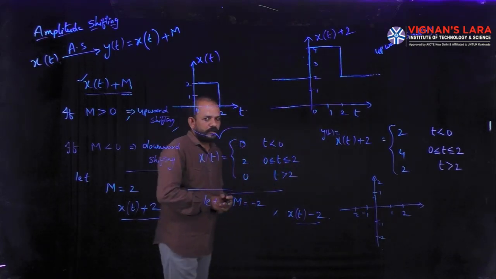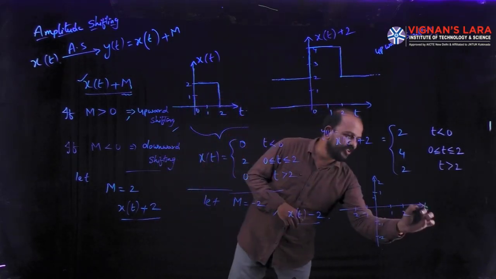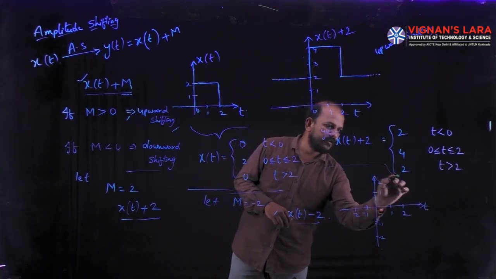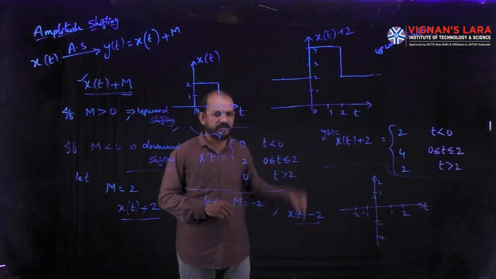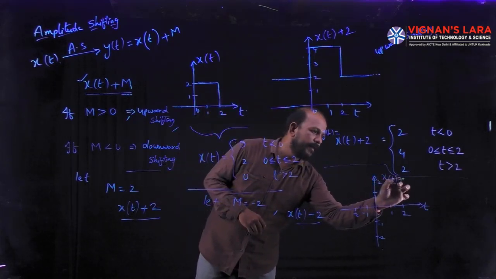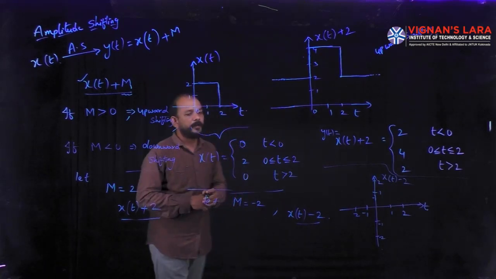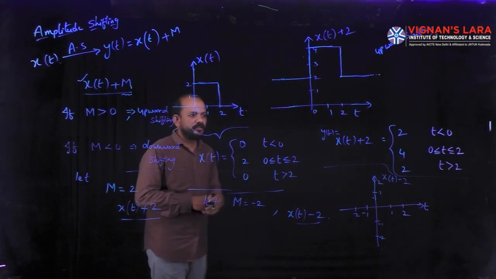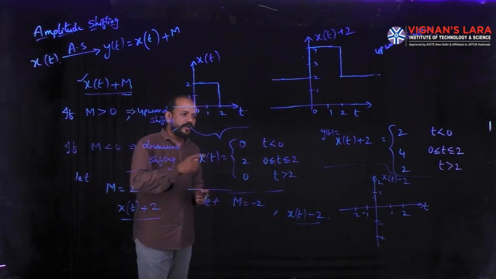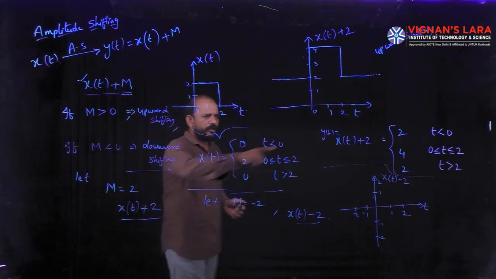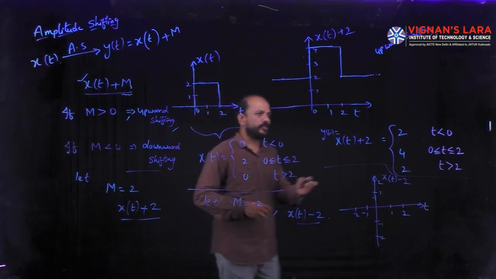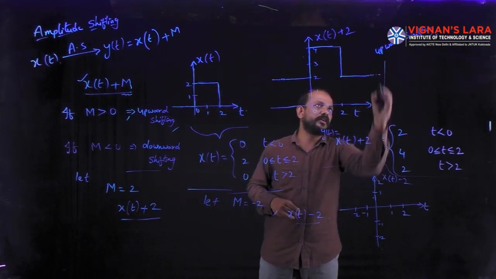Now see, this is t, and this waveform is x of t minus 2. I have to draw x of t minus 2. So this is the amplitude shifted version of x of t. How can I draw this? Simple. Again, use this equation of representations. So I am showing this here.